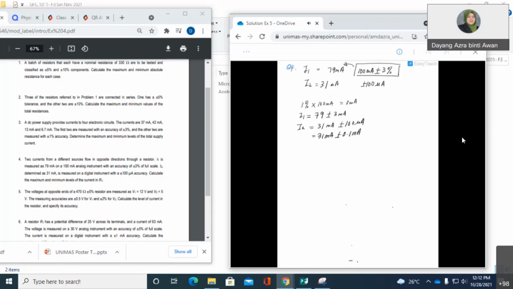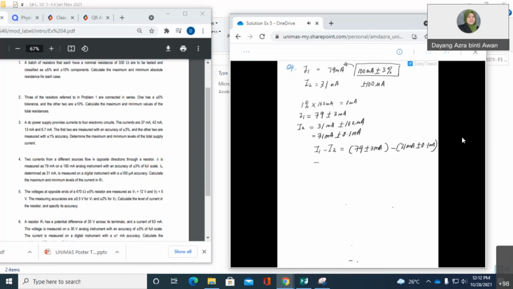Since the currents are flowing in opposite directions, we have I1 minus I2. So from here we have 75 plus minus 3 milliamp minus 31 milliamp plus minus 0.1 milliamp.